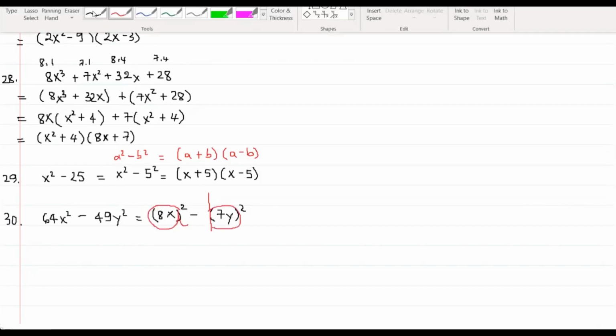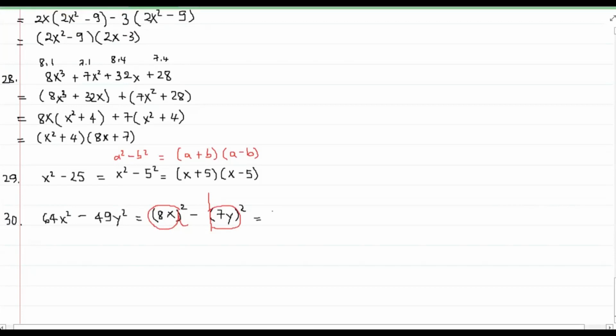Okay, let's plug it in. We have a plus b times a minus b, where a is 8x in this case, and b equals 7y. So this will be 8x plus 7y times 8x minus 7y.